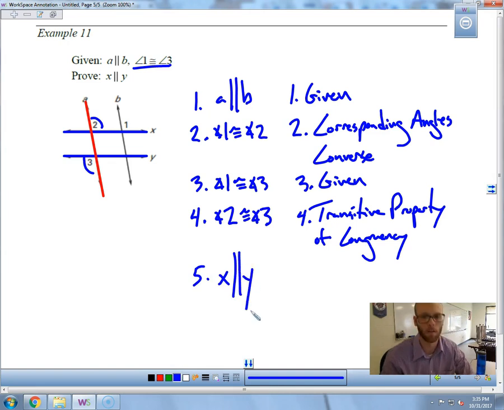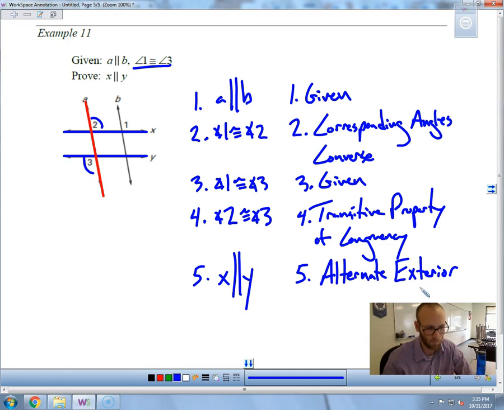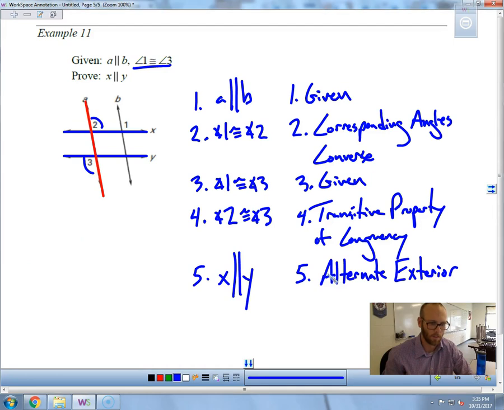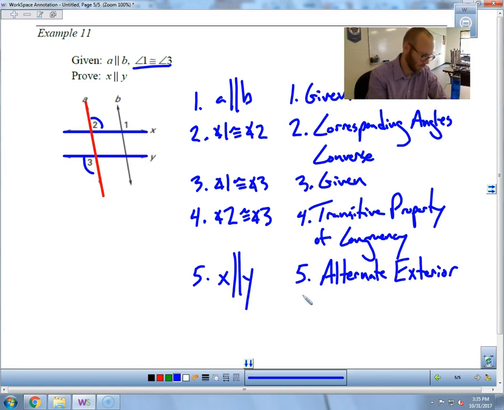X has to be parallel to Y. Alright, now again, is this the original or is this the converse of the alternate exterior angles theorem? What are we saying? If the angles are congruent, then the lines are parallel. This is the converse, isn't it? This is the alternate exterior angles converse.